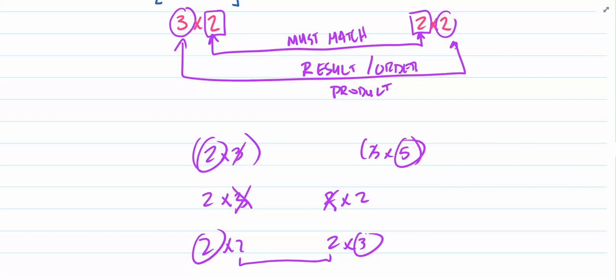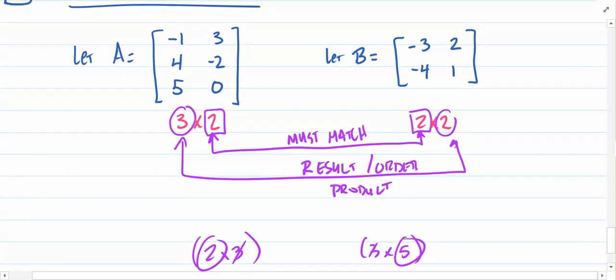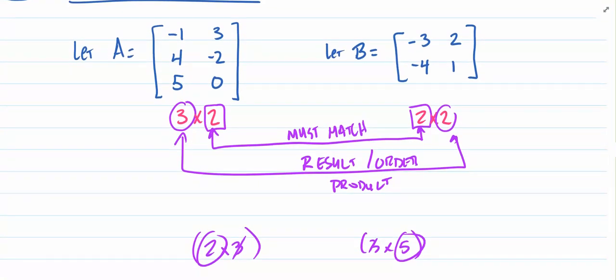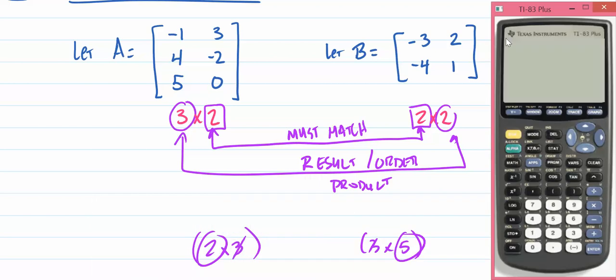The reason the two insides have to match, the columns of the first and the rows of the second, is because that's how we actually do it. My next question for you is: how did they get a -9 here? 3 times -3, that's a -9, true.